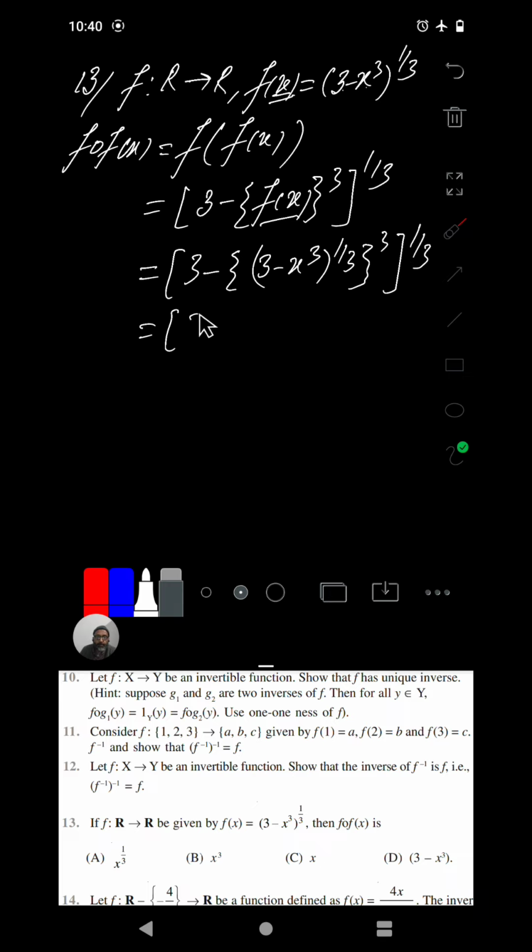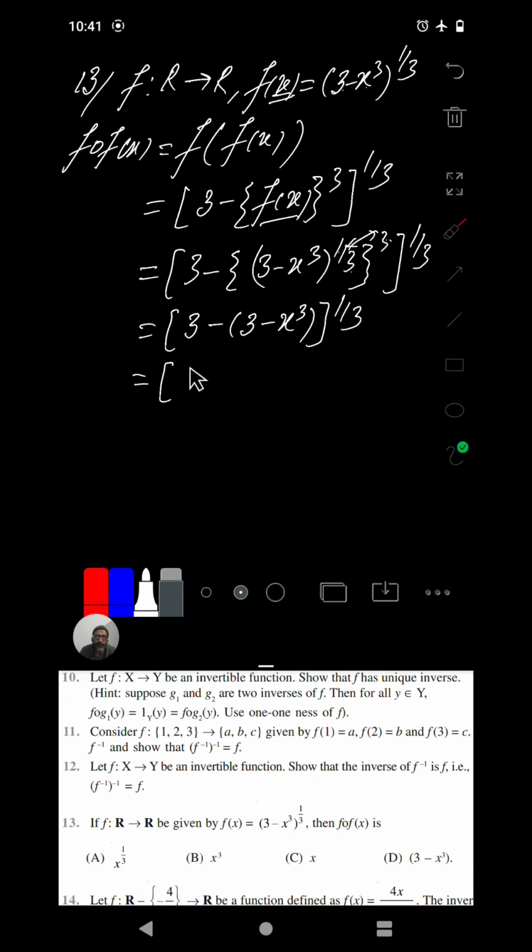Simplifying this, if we open this curly bracket, these two powers will multiply each other. So if we multiply 1 upon 3 and 3, we get 1. So simply we have 3 minus x cube whole raised to the power 1 upon 3.